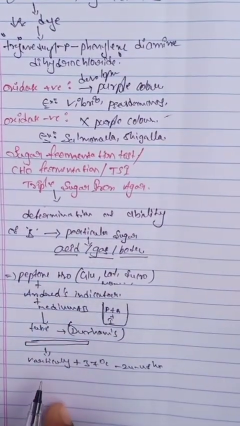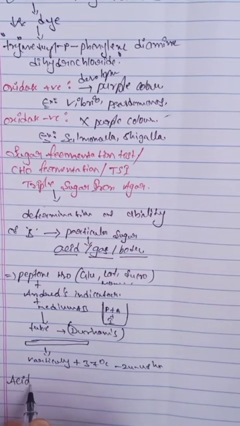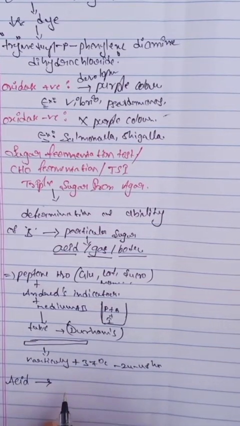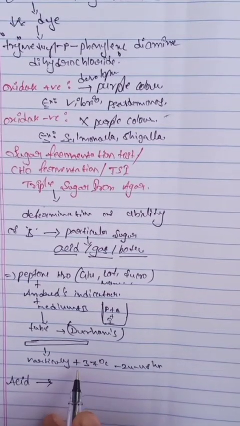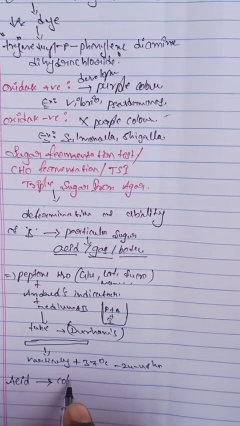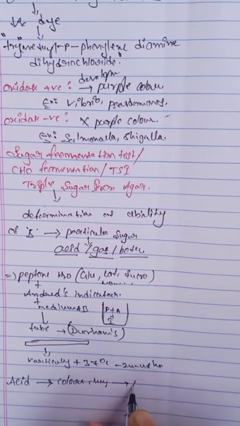In case of acid production, what happens in the tube? It indicates a color change of the medium into a pinkish red color.